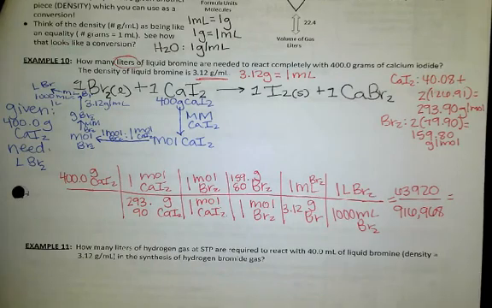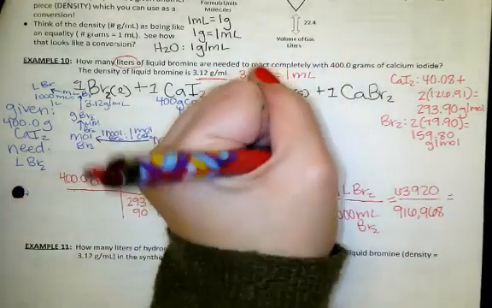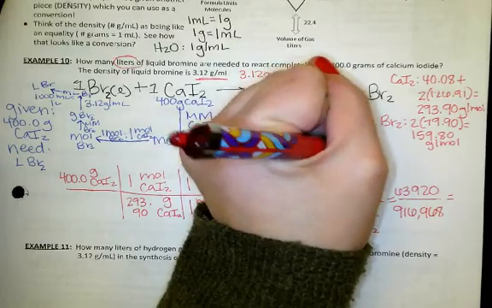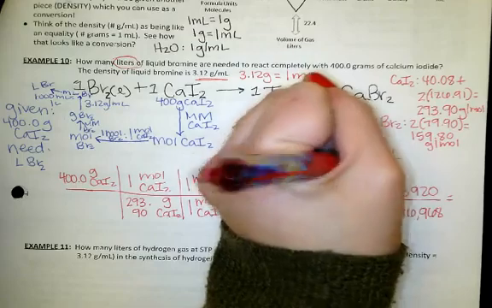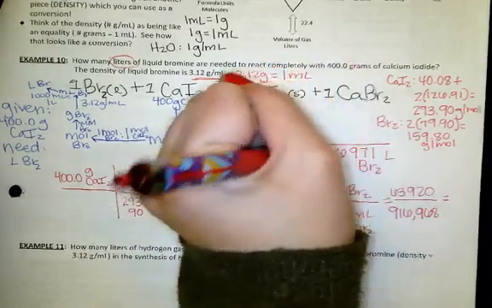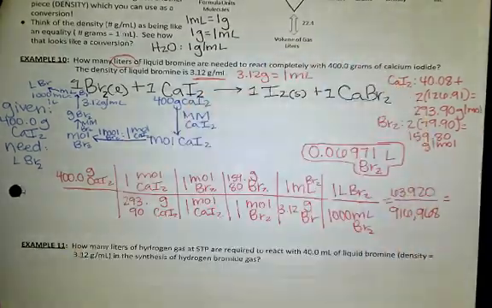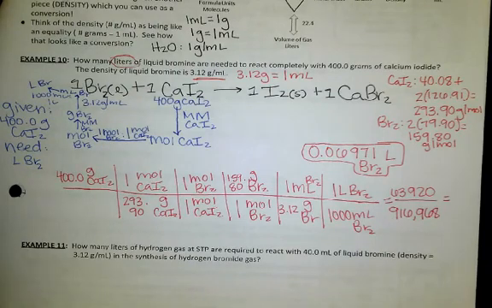That's going to give me 0.06971, 4 sig figs. That is liters of bromine. Okay, so to put that into perspective, that is 69 milliliters. Okay, so you get 69 milliliters, but it asks for liters.